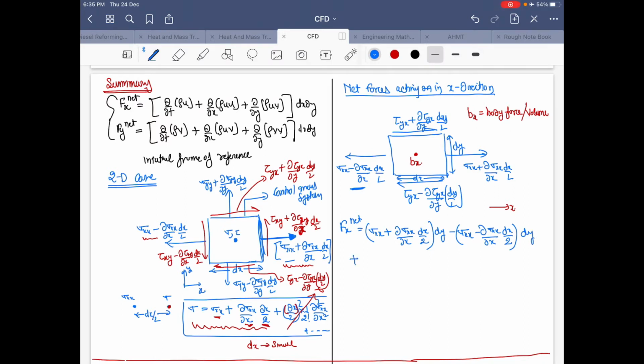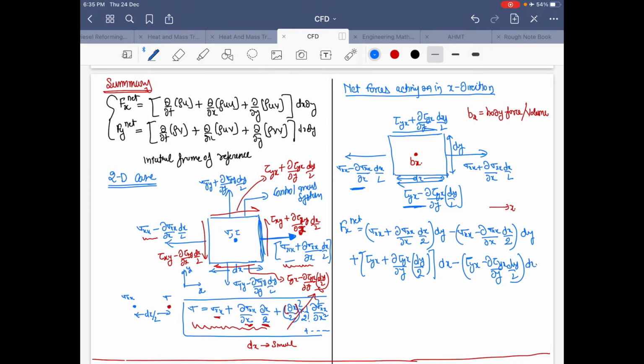Then I will have plus tau yx plus del tau yx by del y dy by 2, and the area, that is dx, minus this component of force tau yx minus del tau yx by del y dy by 2, and the area is dx.